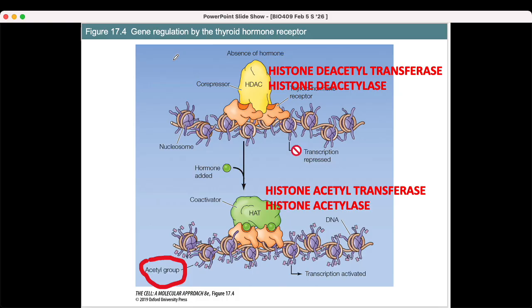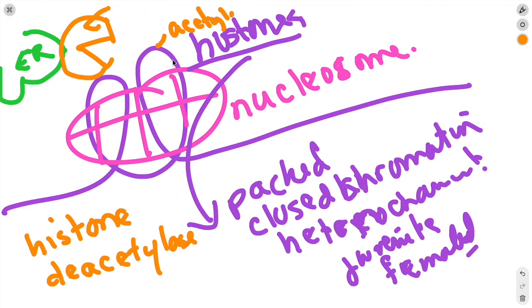We have the estrogen receptor here, no hormone bound, and when there's no hormone, it binds to this histone deacetylase, as a lot of people say. When we add the hormone, it changes, okay? So we could draw that now and talk about what this estrogen receptor looks like.